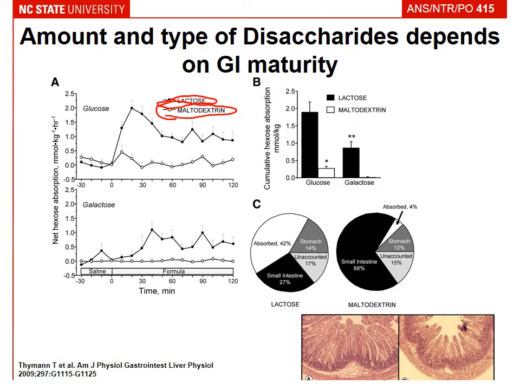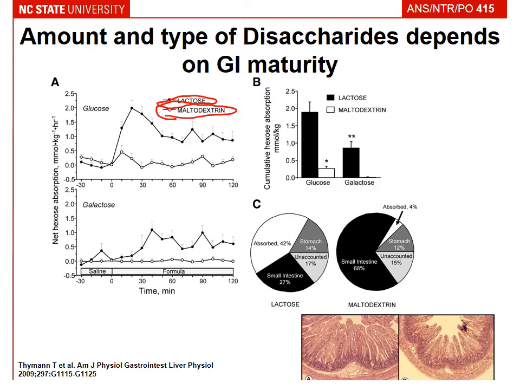Compared to the animals that were provided the maltodextrin, their villi are much smaller, they're not as healthy, and that's all because it's very difficult for them to absorb that.